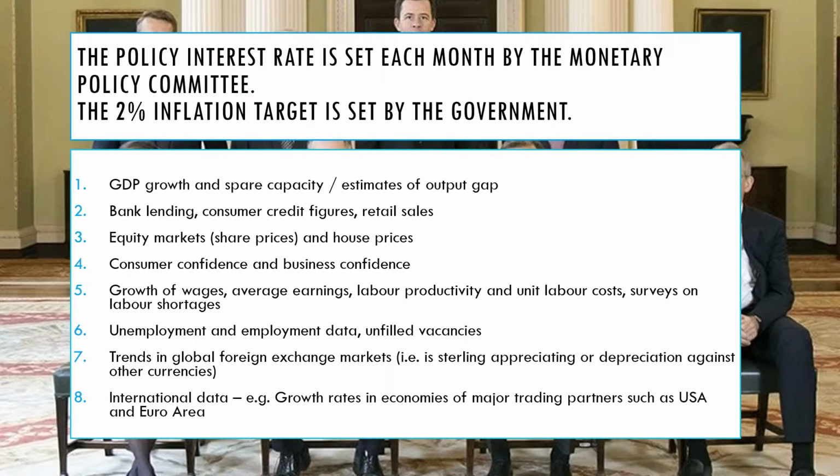And finally, they'll look at international data to look at the growth rates and potential demand for exports and imports by looking at the performance of economies of major trading partners such as the US and the Euro area. And based on all of this information, they will then decide whether they should raise interest rates, lower interest rates, or keep them the same in order to meet this inflation target.